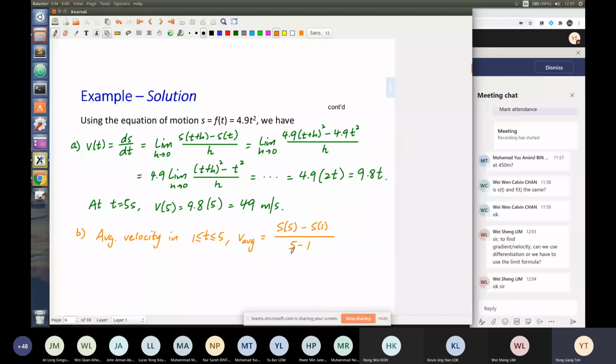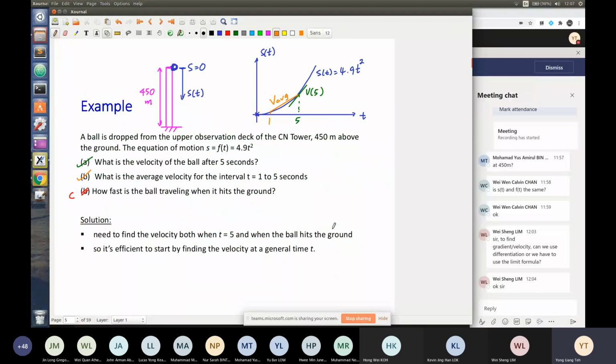Because this is change in S. Let me write one more step. The average velocity is change in displacement over change in time. So it must be S at 5 minus the displacement at 1, over 5 minus 1. That is in agreement with finding the slope of the secant line here: S of 5 minus S of 1 divided by 5 minus 1.